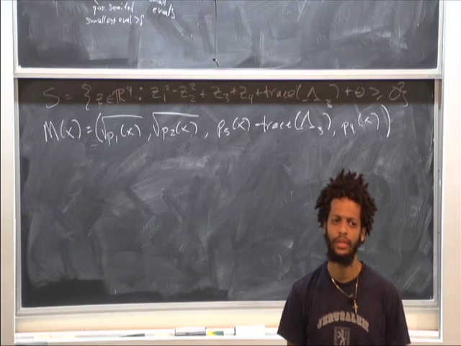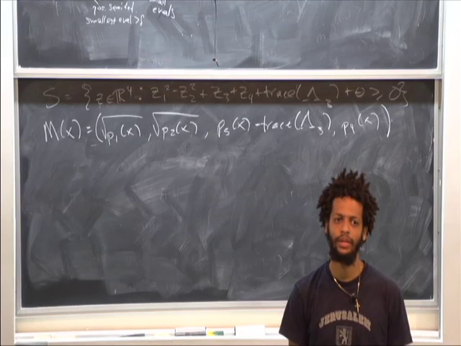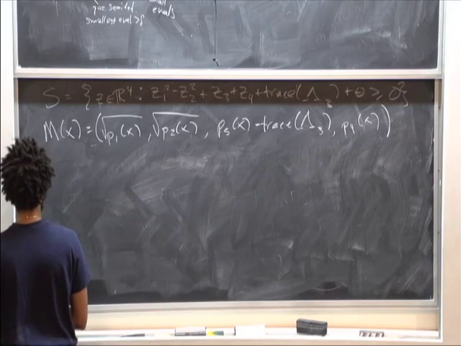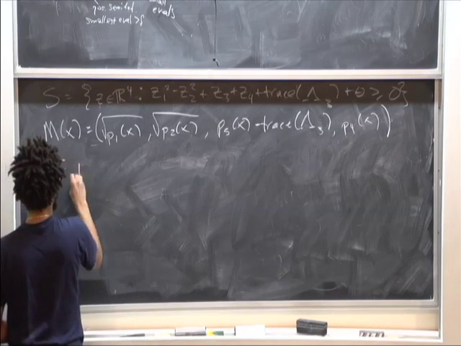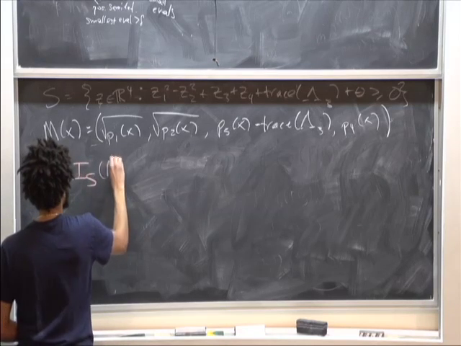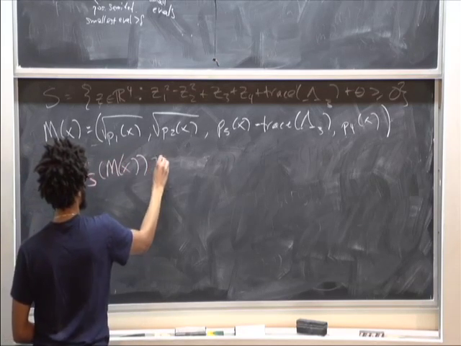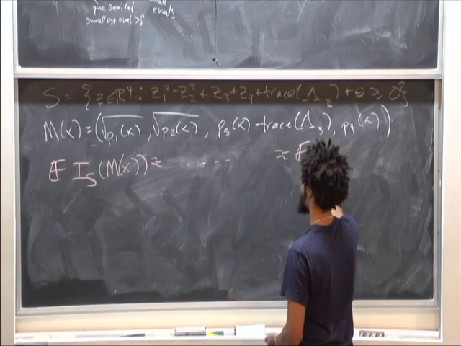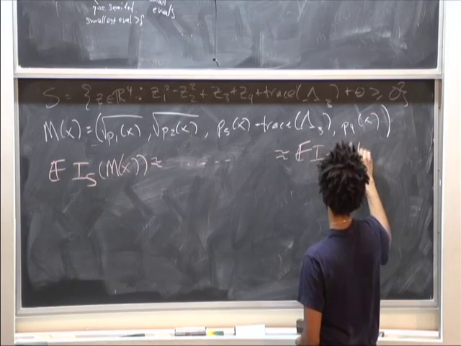Okay, good. And then I'm going to show the usual thing, that the expectation of indicator S of M of x is roughly the expectation of indicator S of M of y.